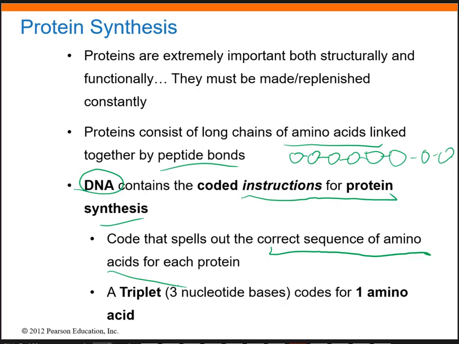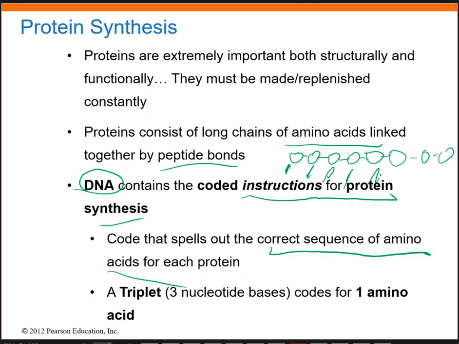So it says which amino acid has to go where. Proteins can be hundreds of amino acids long, and the sequence has to be perfect. So the DNA contains the instructions so that the ribosome, which remember is what actually makes the protein, knows which amino acid is going to come next.